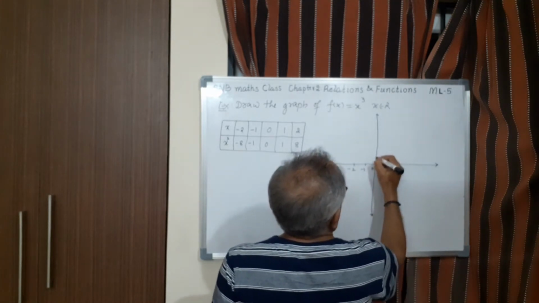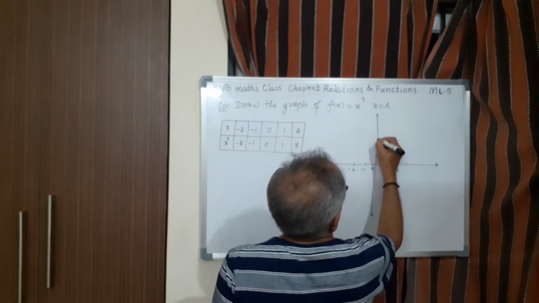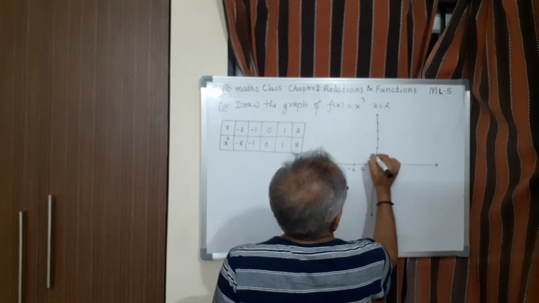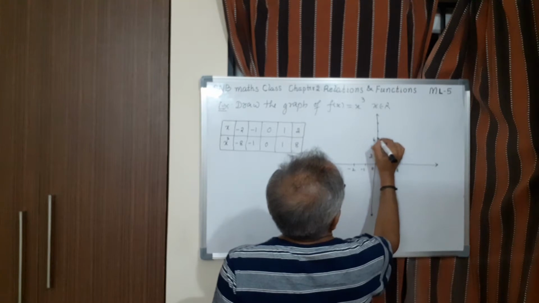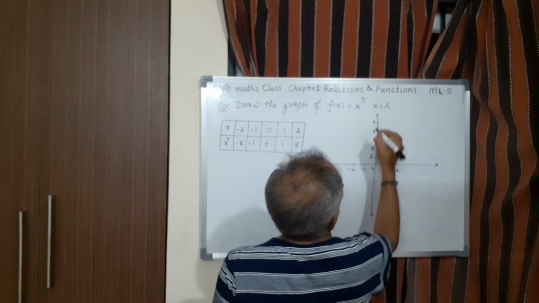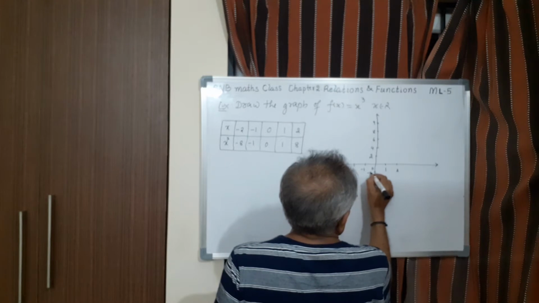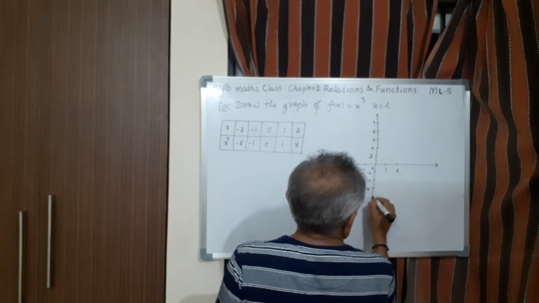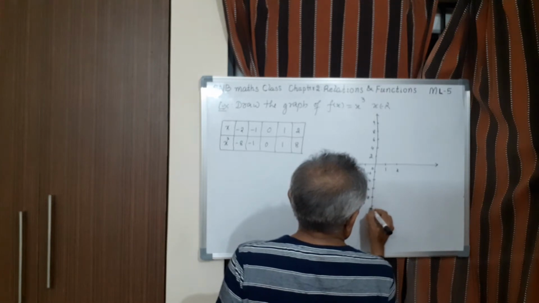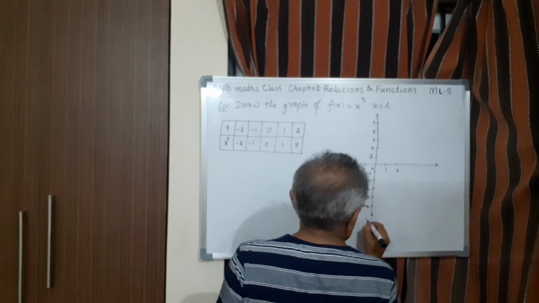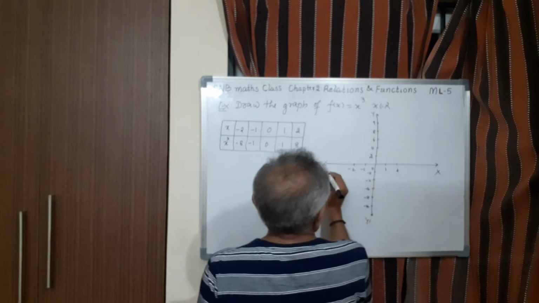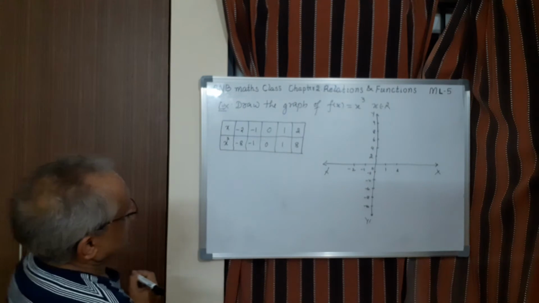Therefore let us take for example 2, then 4, then 6, then 8, then 10. So this is 2, 4, 6, 8, 10. Same thing here, minus 2, minus 4, minus 6, minus 8, minus 10. This is y dash, this is y. So x, x dash.